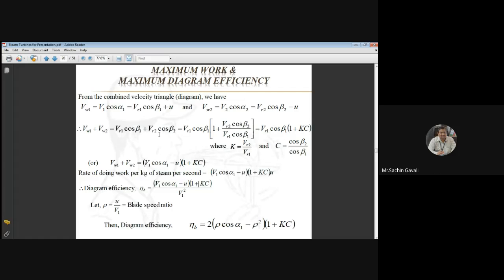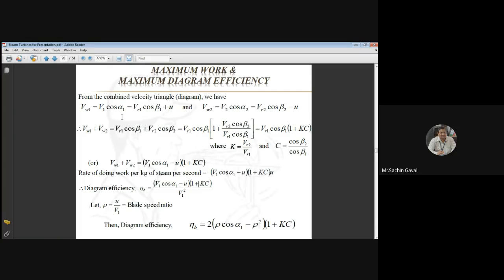From the combined velocity diagram, if the diagram is there with you, you can put that diagram in front of you. VW1 is equal to V1 cos alpha 1. You can draw that triangle, and here VW1 is equal to AC, in the right angle triangle ACE.